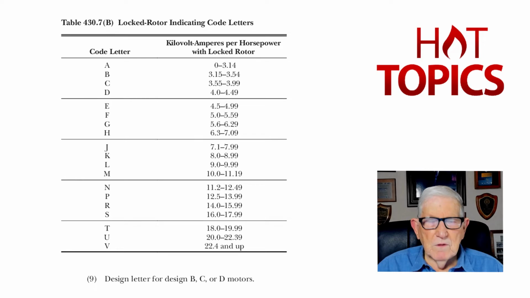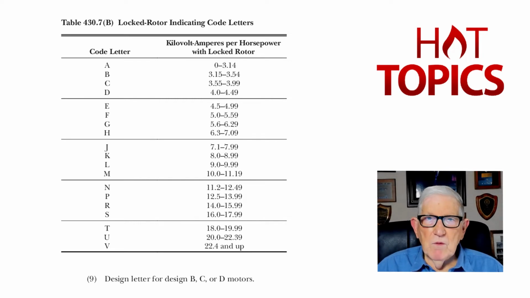But that table is 430.7(B), as in boy. And most of the motors we install, I'd say 95% of them, are code letter B. And you can see it can start at a minimum of 3.15 up to approximately 3.54, it looks like.